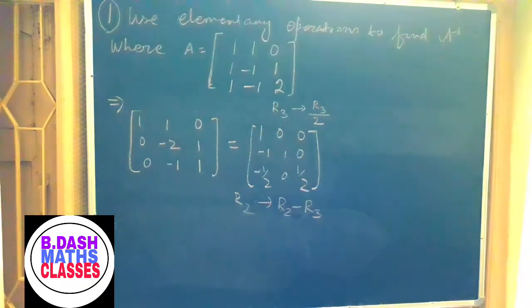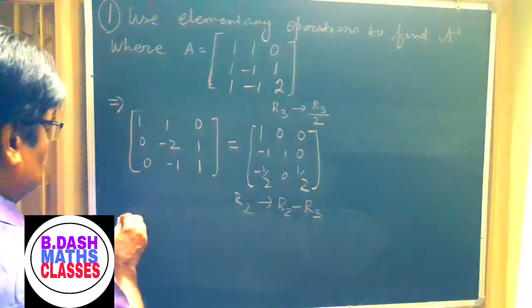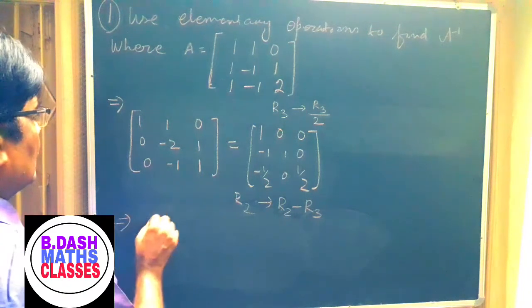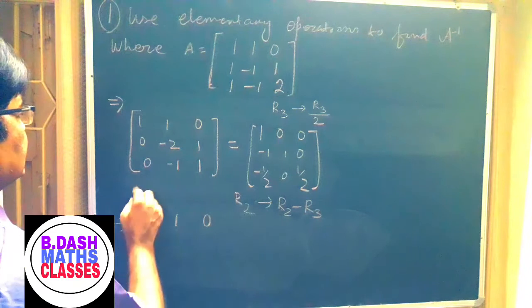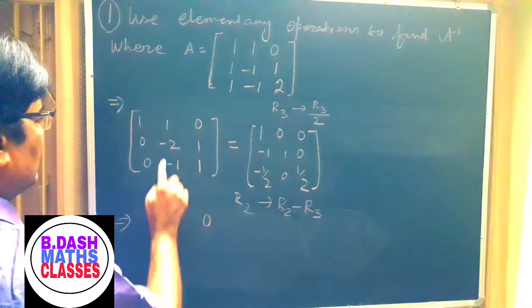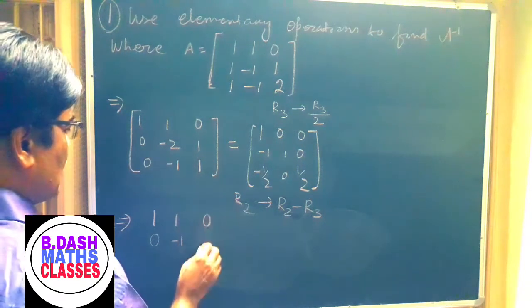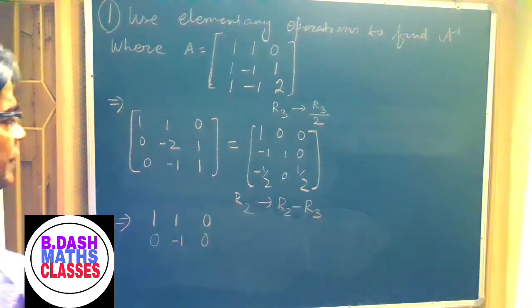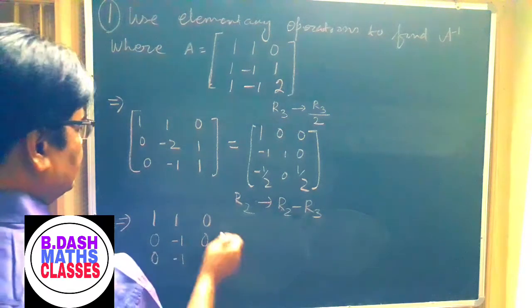Now replacing row 2 by row 2 minus row 3, the first row remains the same, and the second row will be 0, minus 2 plus 2, which is 0, 1 minus 1, 0, and the third row will remain the same.